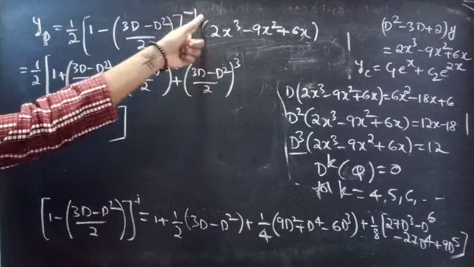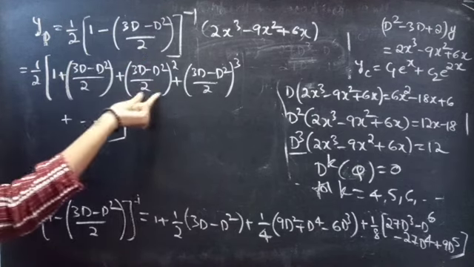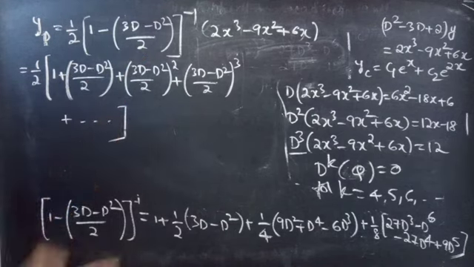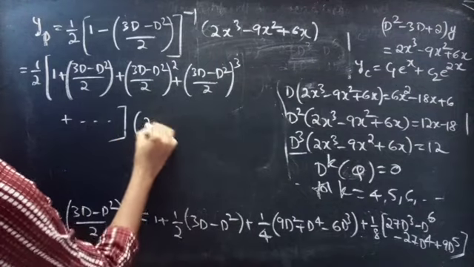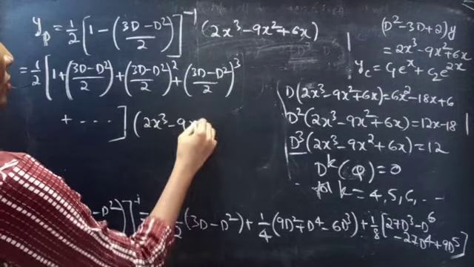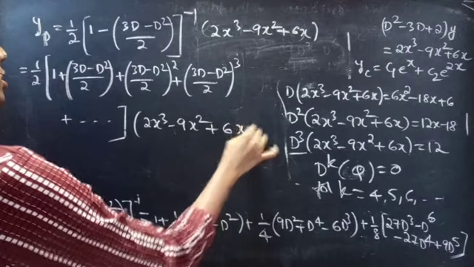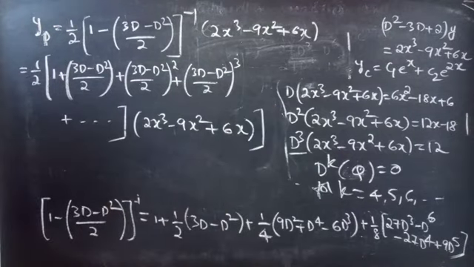Expansion of (1 minus x) whole inverse is 1 plus x plus x square plus x cube plus so on, into cube, 2x cube minus 9x square plus 6x, right?